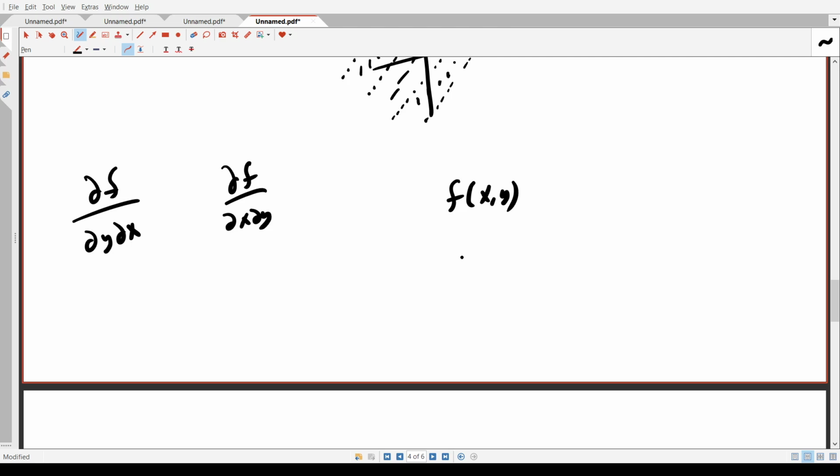So I could talk about the x derivative, or I could talk about the y derivative. Now, if I said I want the second derivative, so that's the derivative of the derivative, I could do the derivative of the x derivative.